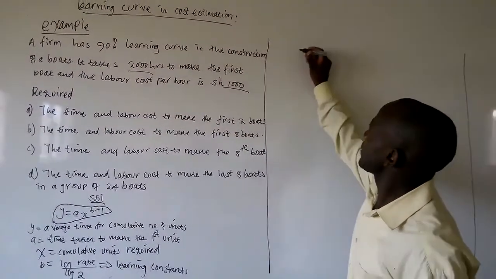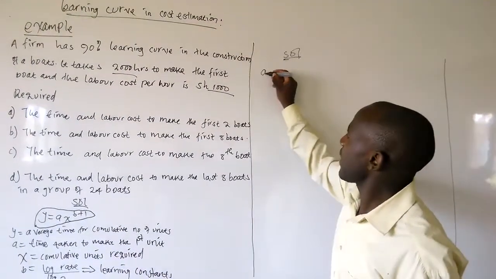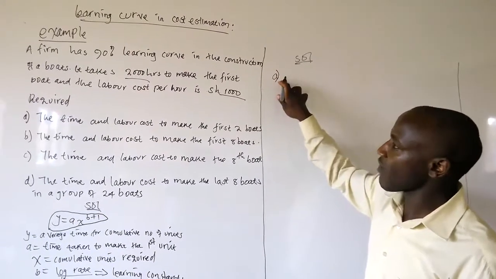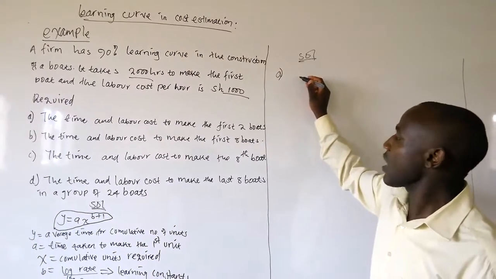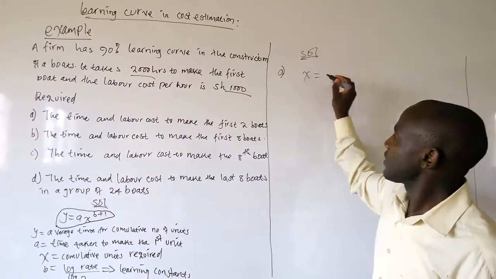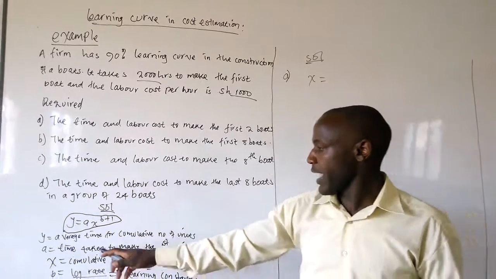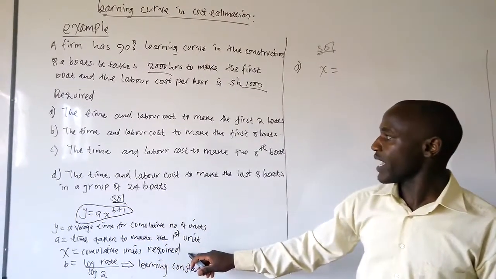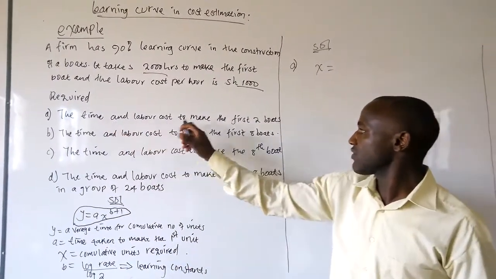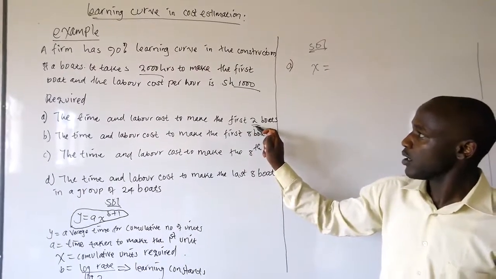We will now solve, but before we get our y, we need to get our x. x is the cumulative units required, and our number of cumulative units required is 2.